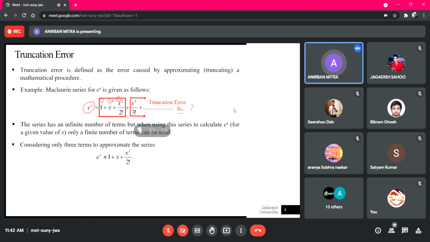So that part constitutes the truncation error, starting with x cubed by 3 factorial, going up to infinity. So the truncation error here is, as you can see, e to the power x minus the 3 terms that we have considered as its approximation that has been taken on the left hand side, and this represents the truncation error that we obtain through this mathematical approximation.